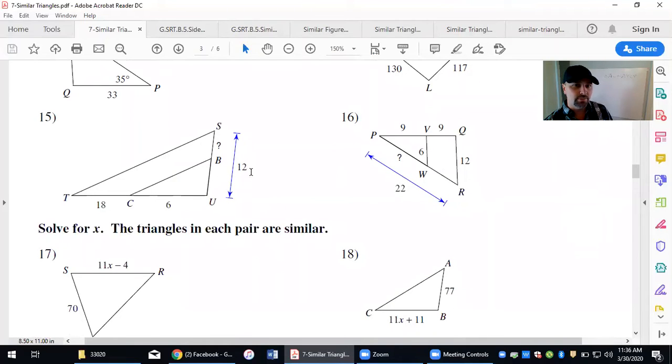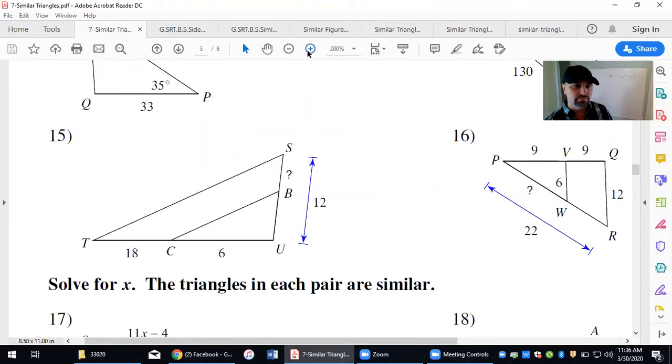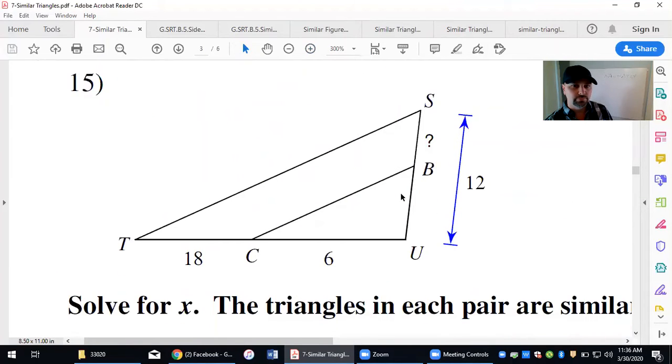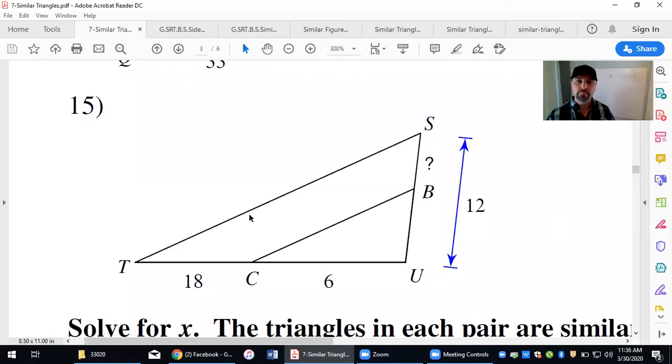Okay, take a look at number 15 here. All right, go ahead and pause it and try and do this problem. Remember, the best way to probably do this is to separate the two. But go ahead and give it a try.